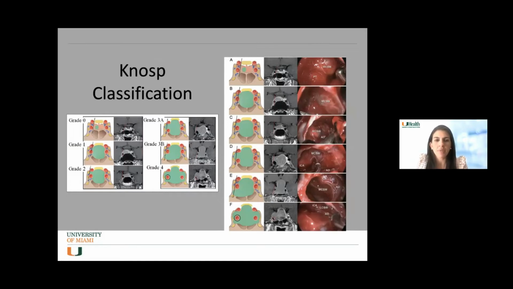We'll talk a little bit today about the Knosp classification. This is a classification scheme that we use in skull base surgery. There are many schemes; this is just one of them. Essentially, it's to determine the degree of cavernous sinus invasion.